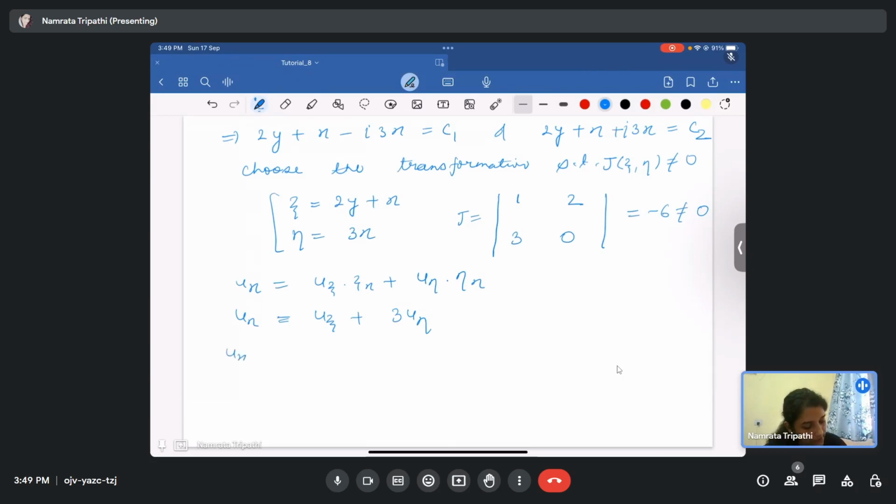Now uxx. What is uxx? U xi x square plus 2 xi x eta x u xi eta plus eta x square u eta eta. Xi of x is 1, so xi of x square is also 1.